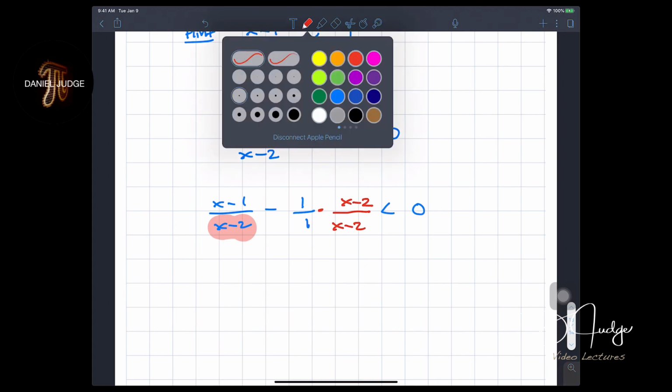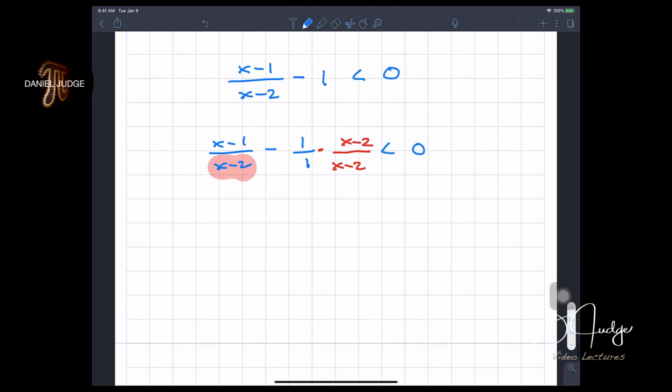So here's a big hint. Now you say, does that mean I have x minus 1 minus this x minus 2 here, everything over that x minus 2? Or we can do it this way. Let's not skip a step. x minus 1 over x minus 2 minus x minus 2 over x minus 2, that's less than 0.